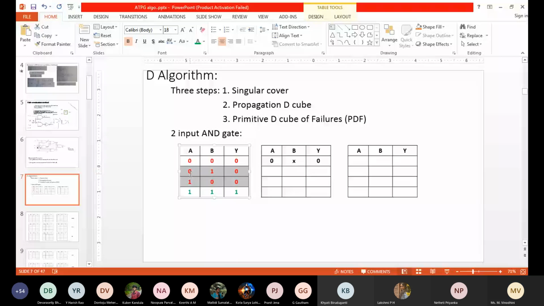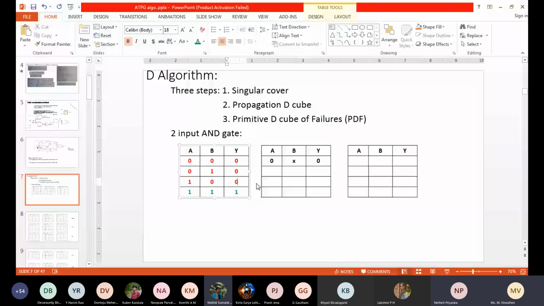How many variables are differing? 1 variable. So I can consider that. A is varying, so X, B is 0, Y is 0. Done.